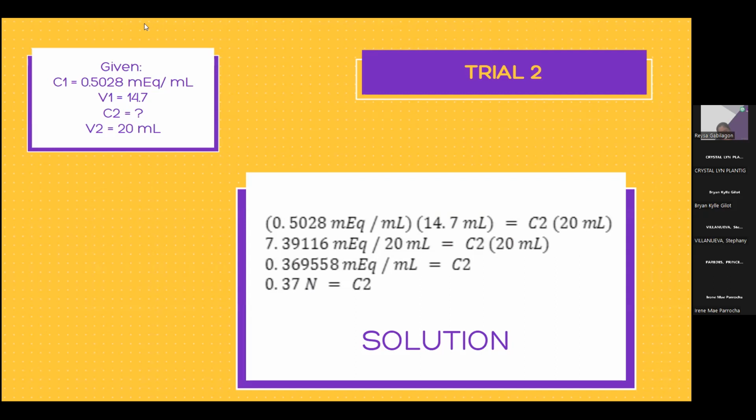So we divide both sides by 20 ml, which cancels it, and what is left is 7.39116 MEQ over 20 ml equals C2. So the final answer is 0.369558 MEQ per ml, or 0.37, which is our C2. Next slide, please.